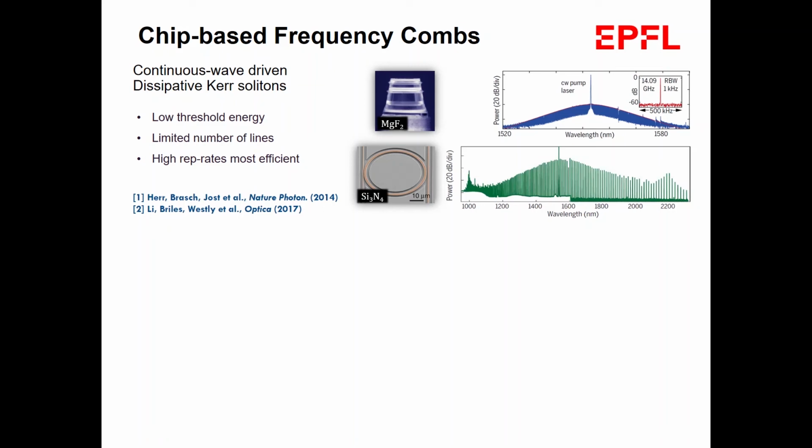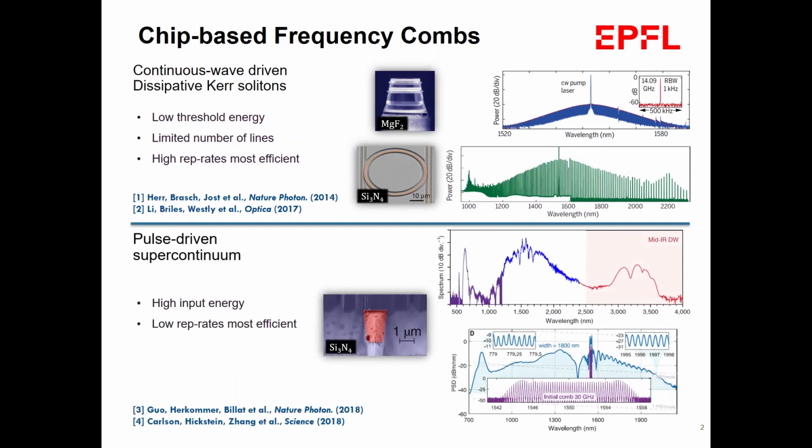But that's why this 14 gigahertz microcomb is extremely inefficient, as you can see by that pump line in the middle. The 1 terahertz one is a bit more efficient, but this only accounts for about 200 comb lines, whereas the top one is about 500 comb lines. We would like to make thousands of comb lines, really, in the future.